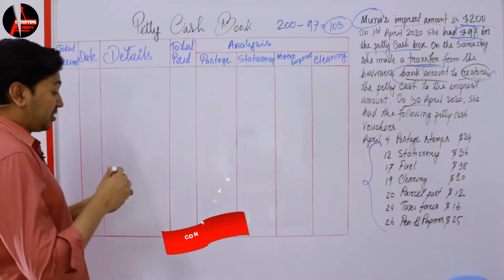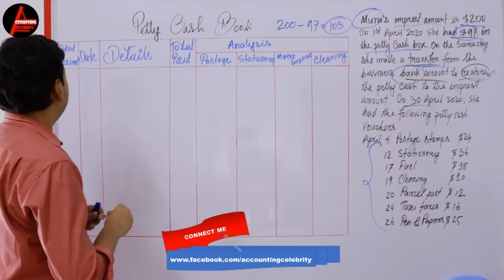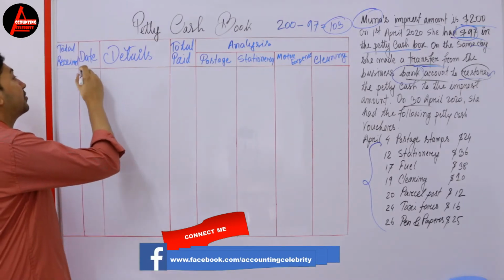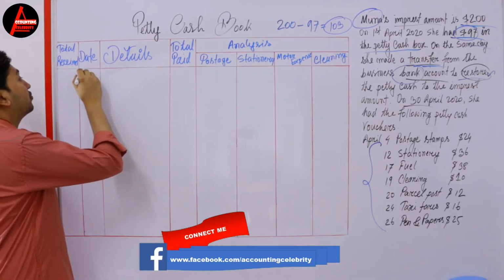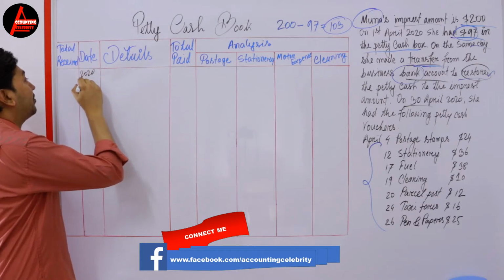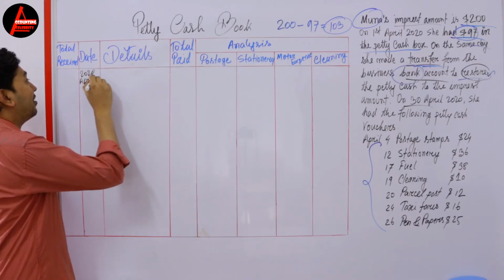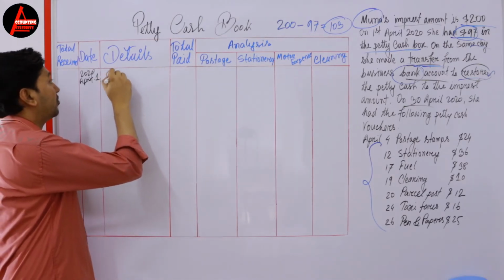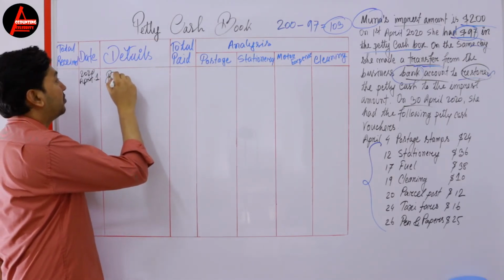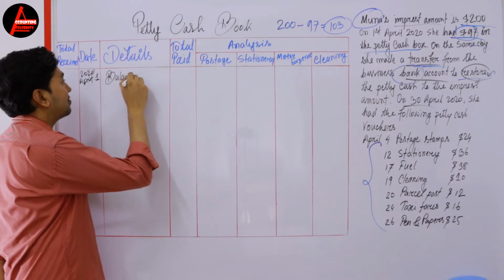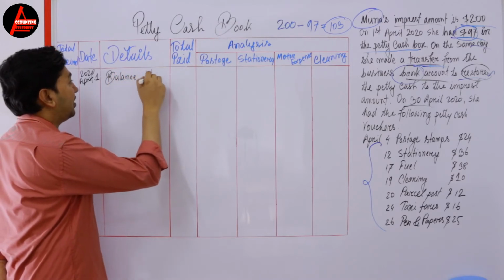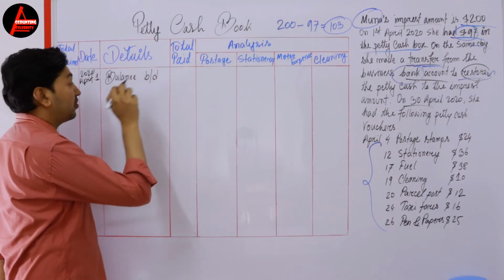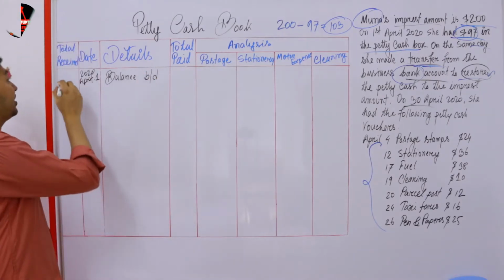The date was 1st April 2020. So right here, date 2020 April 1st. So $97, you brought down this amount. Balance BD, balance brought down.